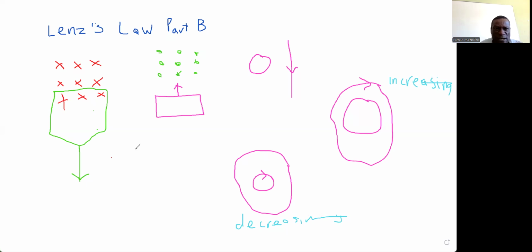So the field inside the solenoid will be opposite in direction to the external field. The external field is the field from the magnet.